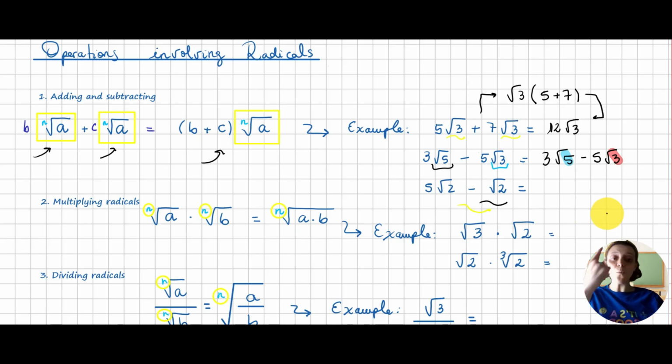So there is 1 square root of 2. So we have 5 square roots of 2 and a negative 1. So it's 5 minus 1, all right? So this would become 4.